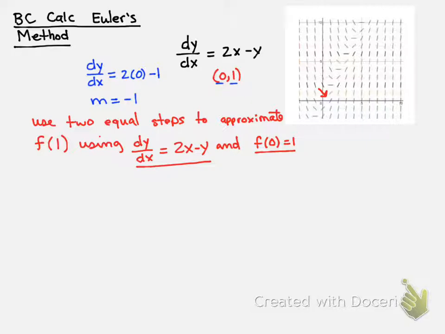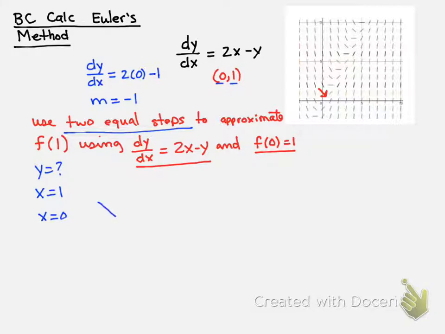What does it mean to use 2 equal steps? Well, what that means is if we are trying to approximate f of 1, that means we want to know what y is when x equals 1. And if we started at x equals 0, then we're going to do 2 steps.